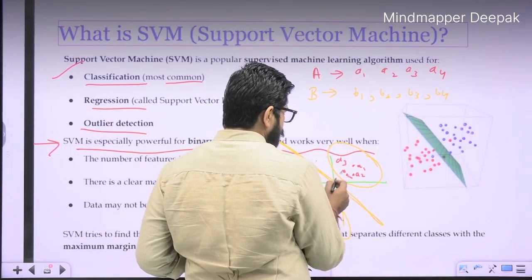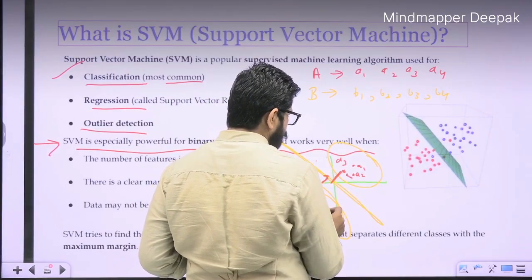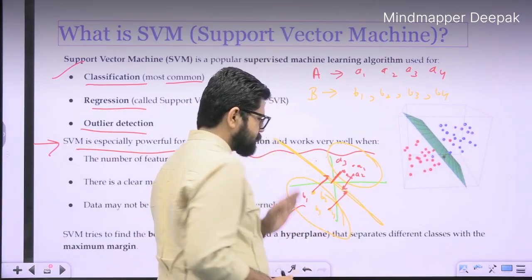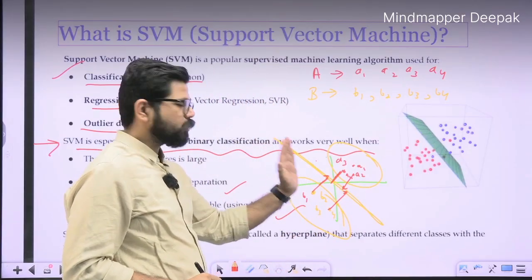They support finding your plane, the hyperplane. That's why they are known as support vectors.